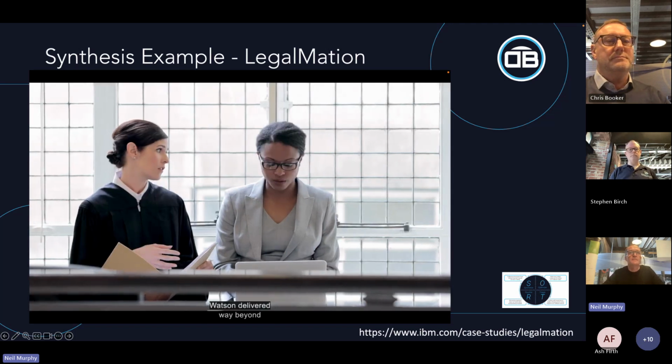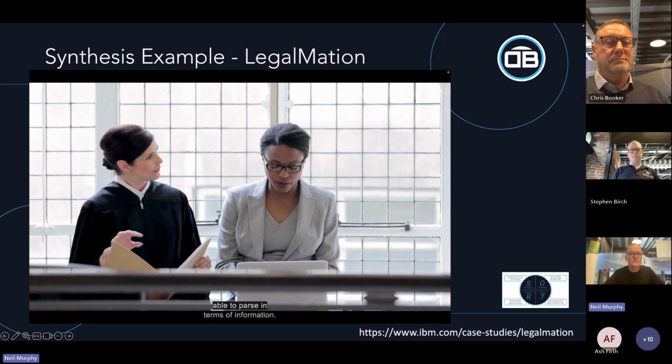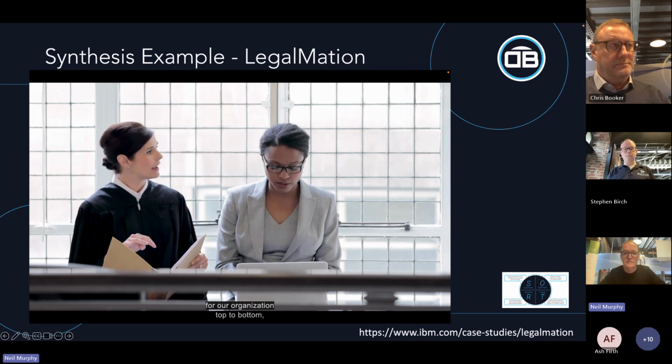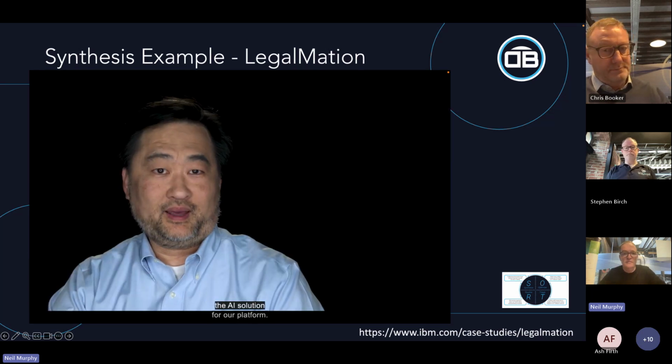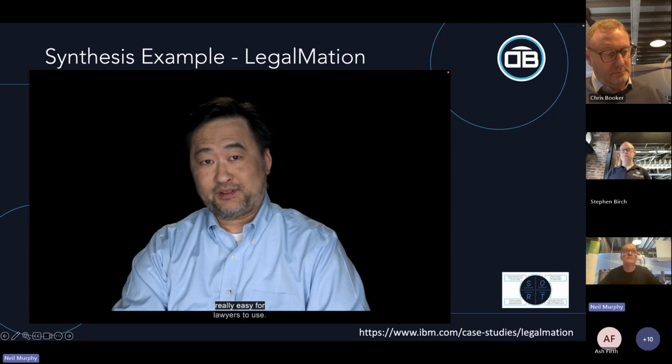Watson delivered way beyond our expectations about what it's able to parse in terms of information. And so it was a really easy sell for our organization, top to bottom, deploying Watson as the AI solution for our platform. There's other AI platforms out there, but what Watson does provide us is a user interface that's really easy for lawyers to use.